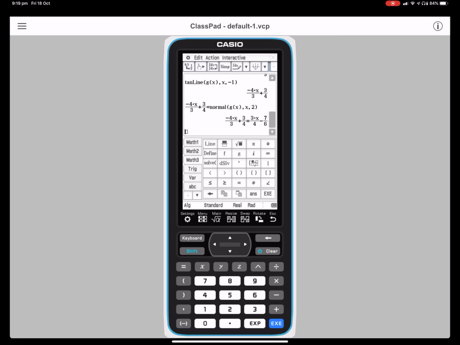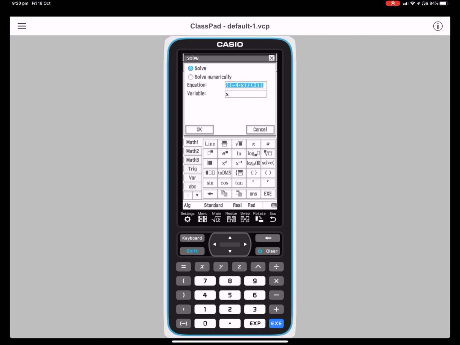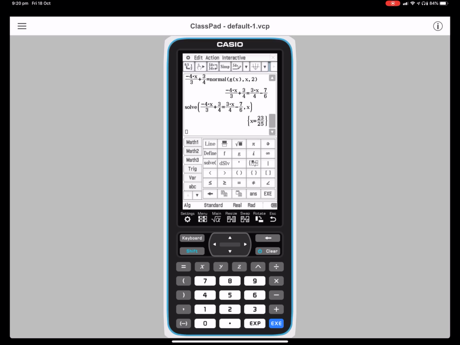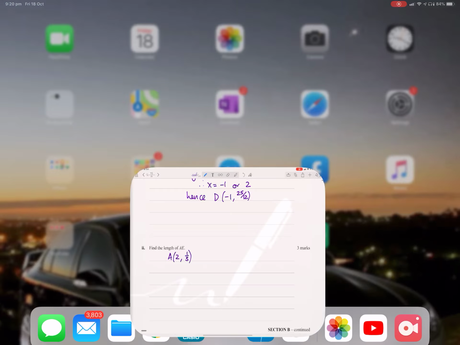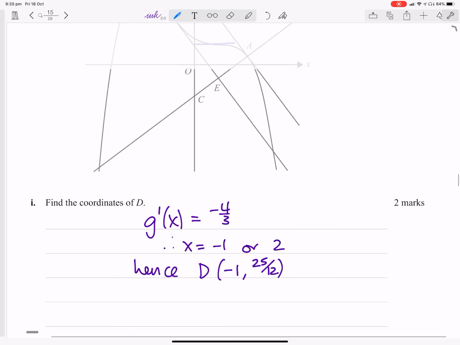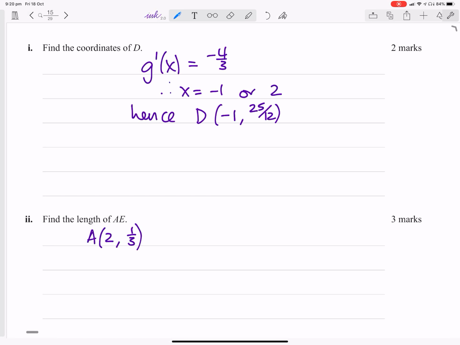Because we want to know where they intersect. So solve. So 23 on 25. So E is 23 on 25.